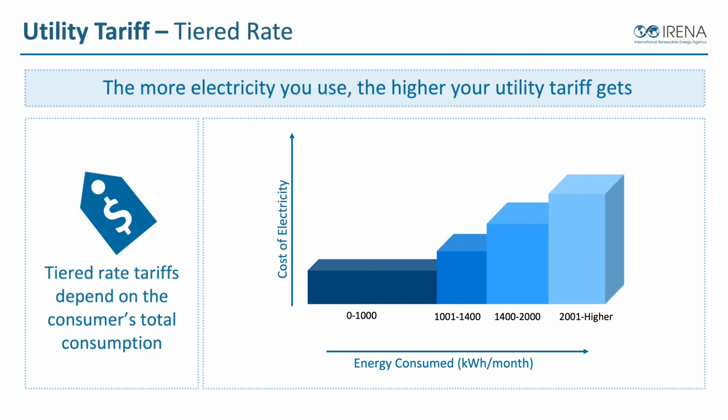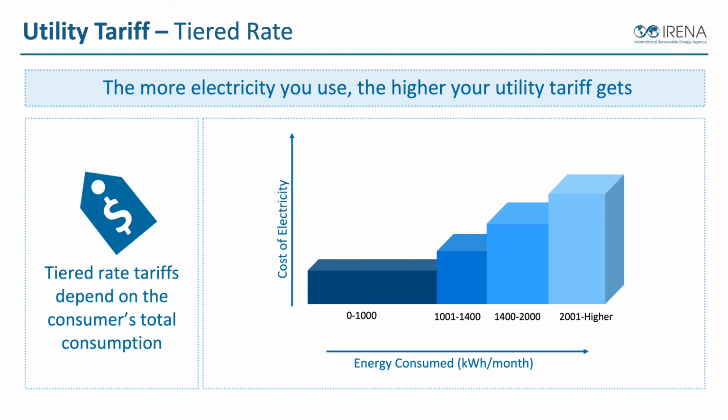As we change a little bit, we have what we call a tiered rate system. So with a tiered rate, the more electricity you use, the higher your utility tariff gets. So what that means is utility companies will give us these blocks of energy. So we see the first one is 0 to 1,000 kilowatt hours, as an example, is going to be at one price.